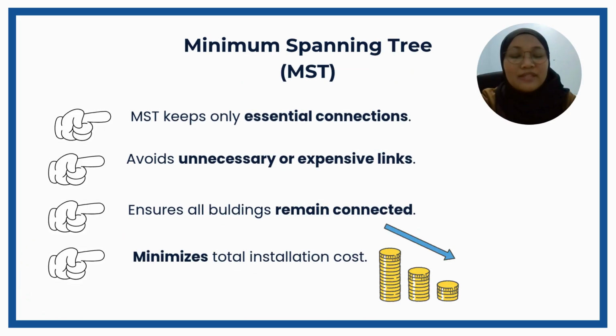Next, to optimize the network, we apply the concept of a minimum spanning tree. This ensures only the most essential connections are kept, avoiding unnecessary or costly links. As a result, the campus achieves full connectivity at the lowest possible cost.